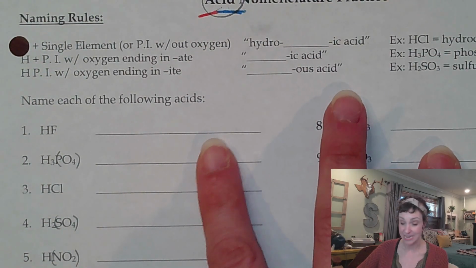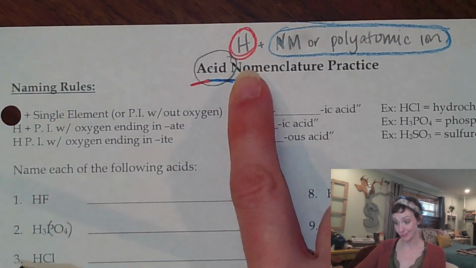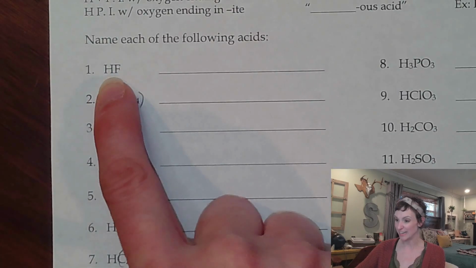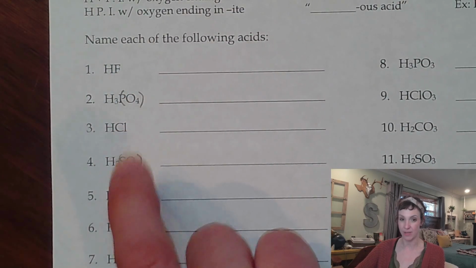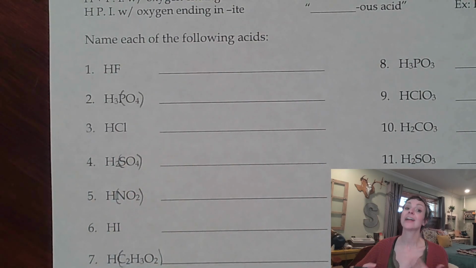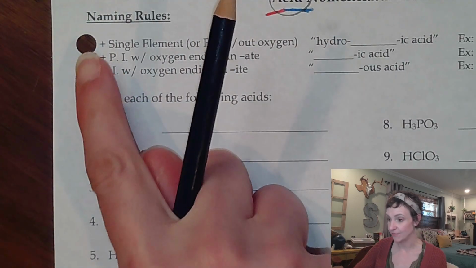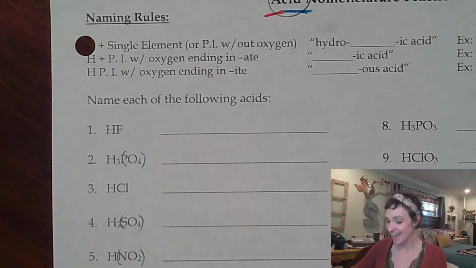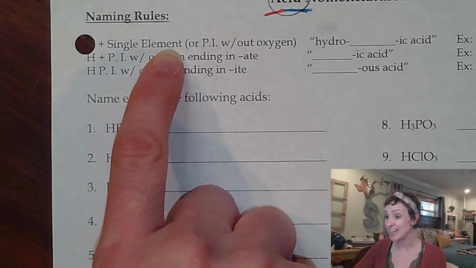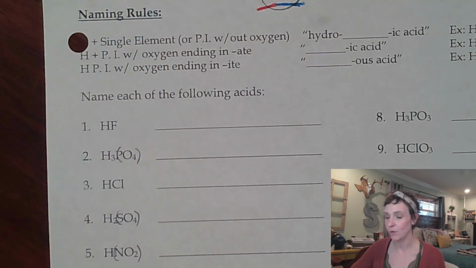So let's talk about how we name acids. Well, naming an acid, luckily the first thing is always hydrogen, but where they can differ is what the second part of the compound that hydrogen is bonded to is. And depending on that, we are going to have different naming rules. So my first option here is if I have hydrogen, and if that hydrogen is bonded to a single element off of the periodic table, one of these guys, or a polyatomic ion without oxygen.